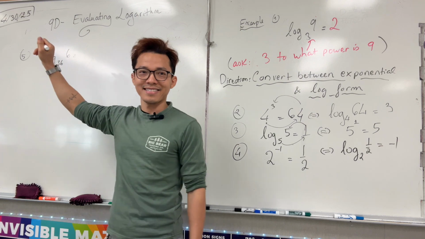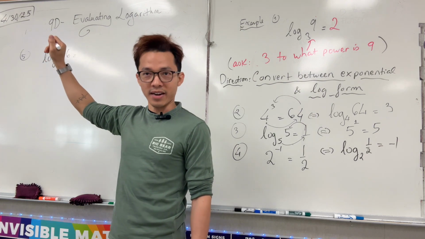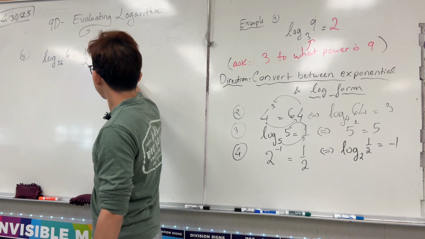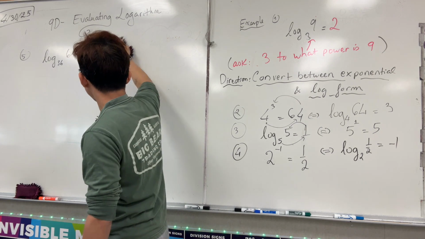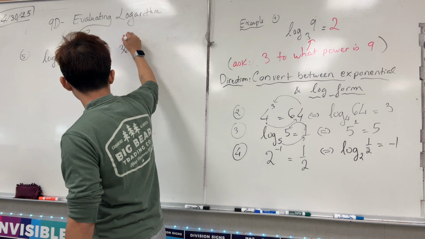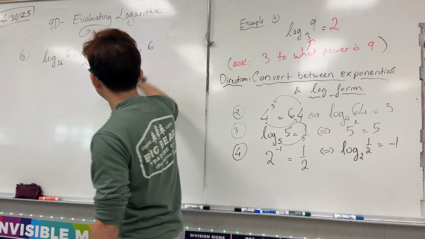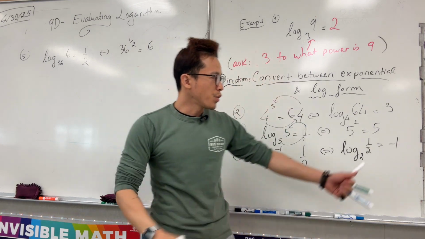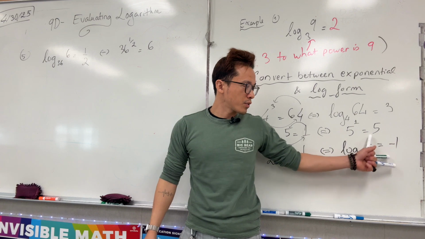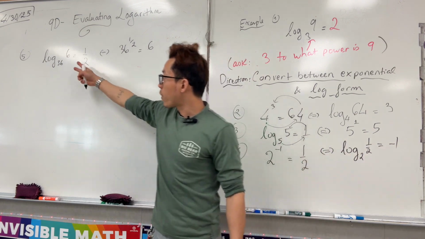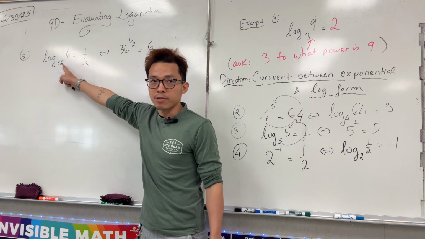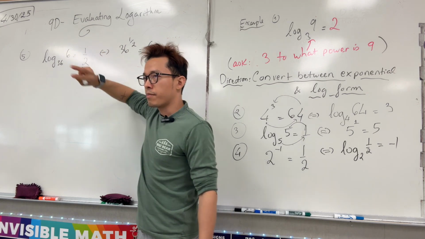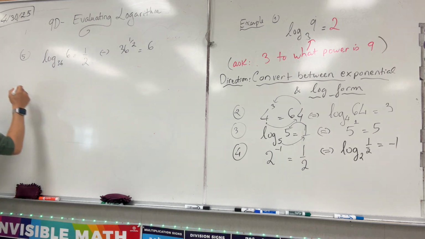What is that? 1/2? Yeah, I heard a lot of 1/2. Why 1/2? Because what does 1/2 mean? Square root, right? So the square root of 36 is 6. So you can have the negative when you see the fraction. But if the base number is bigger than the number here, then you think about a fraction, okay? Because a fraction means you're gonna take the radical.